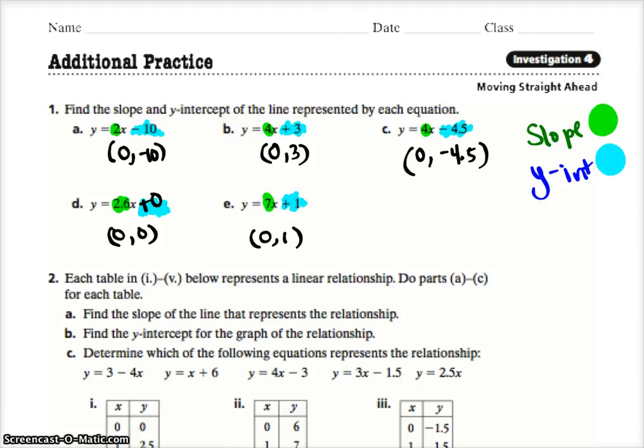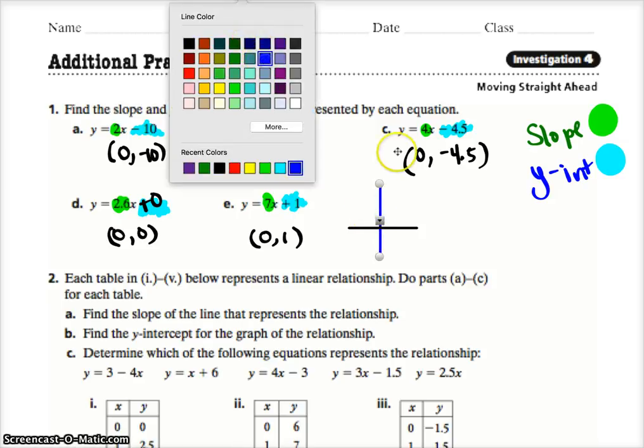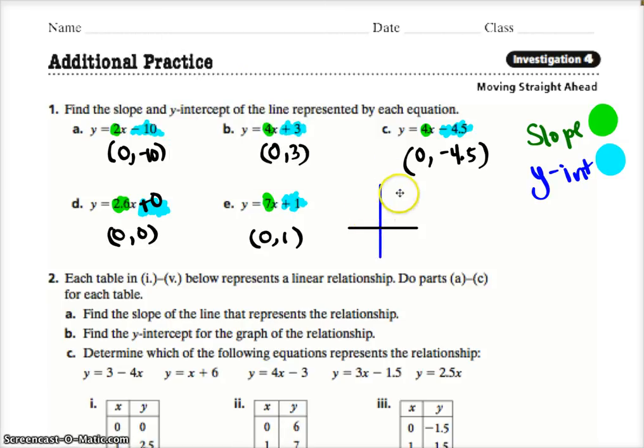So if I have a graph, that just tells me where on this blue line it starts. For example, this first one is going to be at -10. So somewhere down here will be -10. That's this one. This one is at 3.